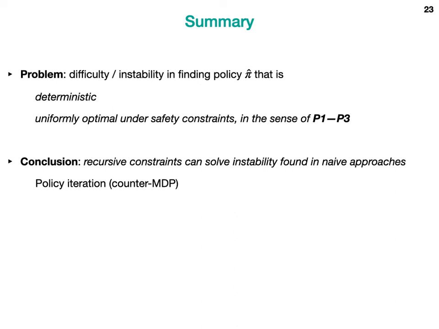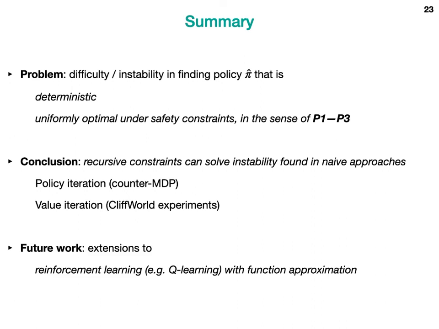We investigated policy iteration with the counter MDP and value iteration with cliff world experiments. We hope this can clarify some hidden problem within multi-objective optimizations, and the future work is to extend the idea to reinforcement learning with function approximation for more complex tasks.